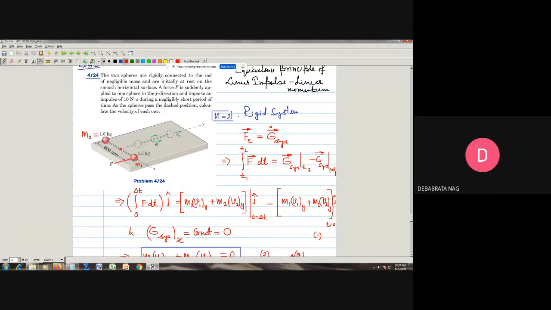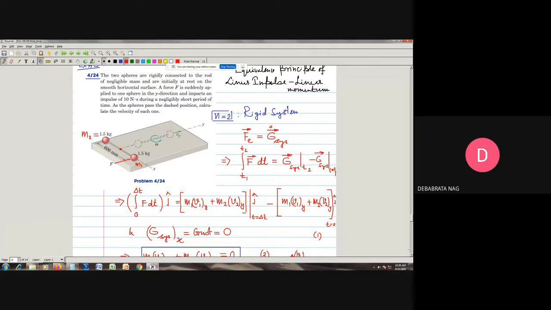So apart from providing a linear impulse, it is also able to provide an angular impulse to this system with respect to the center of mass, because the force line of action is at a certain distance away from the center of mass. How much is this distance? It is obvious that this distance is equal to 300 millimeters.